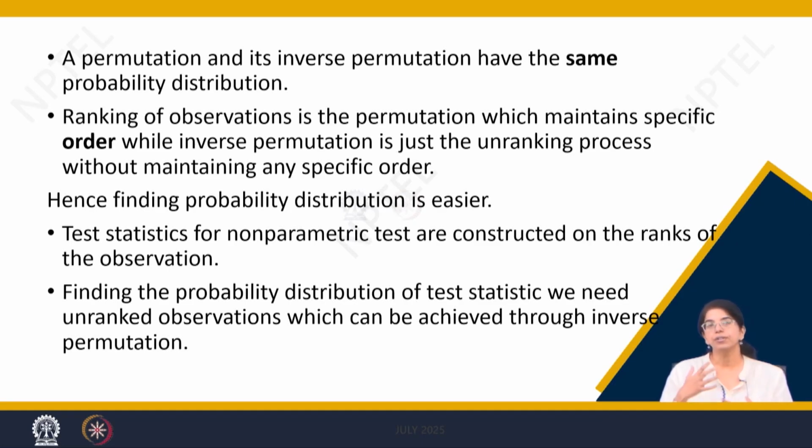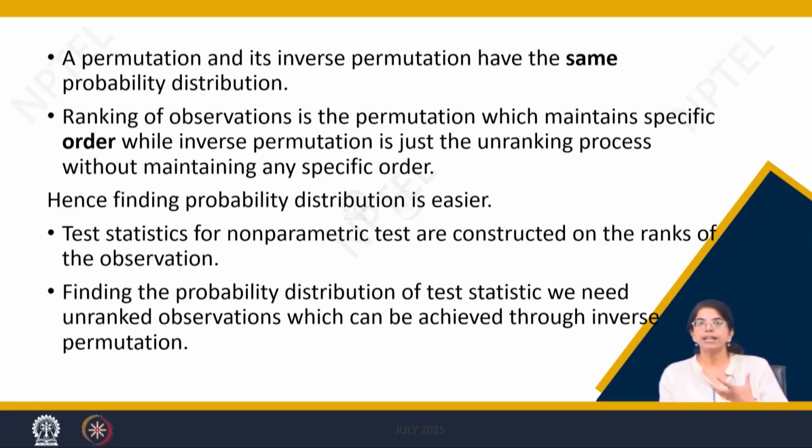But when you are doing the inverse permutation, that means anti-ranking, you are just sorting out the rank. You are not holding that particular arrangement. That's why it is called anti-ranking.